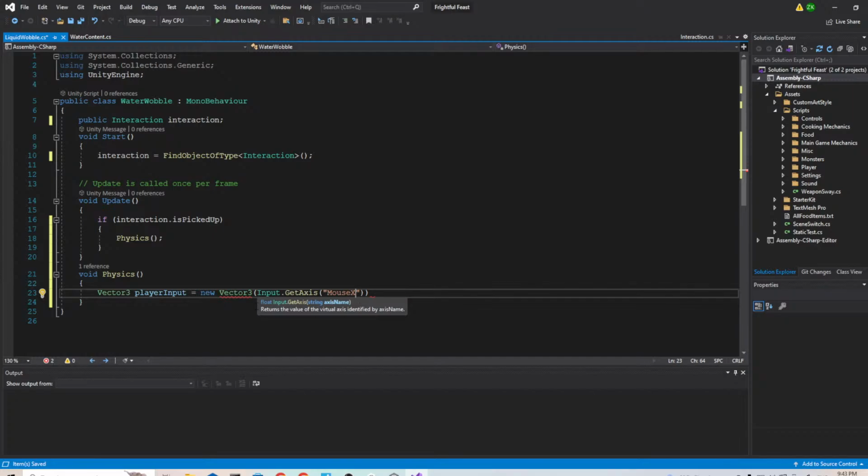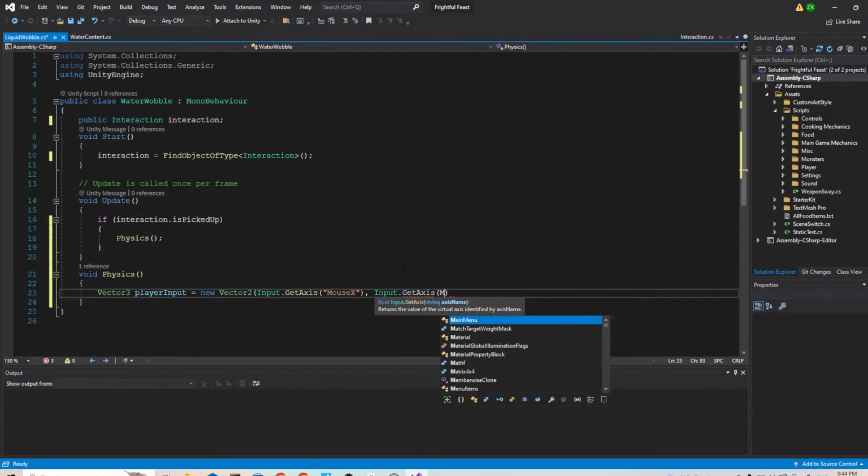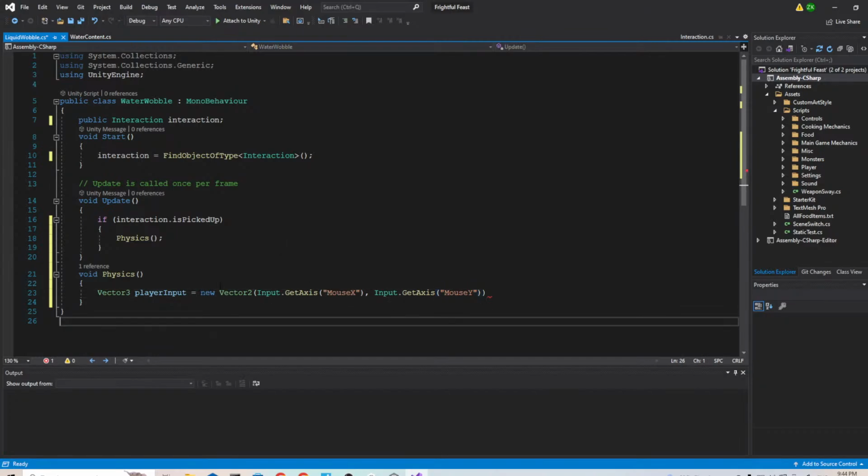Need to think here. Or is this more of a Vector2, I believe. Vector2 input GetAxis mouse X, mouse Y. Or we can make this a Vector3 and just have 0.